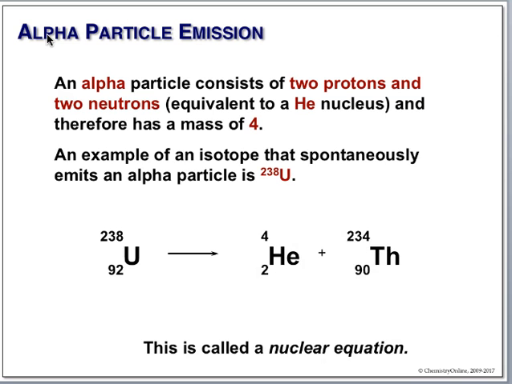So we start with a mass of 238, 4 of it is in our helium, 234 is left over. We also lost 2 protons, so we started at 92, lose 2 protons. If we had a periodic table, and we don't, you would see that atomic number 90 is the element thorium.